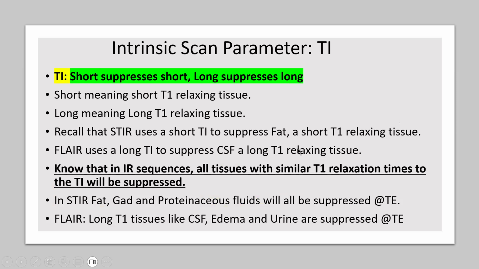So fat, gad, protein are short T1 relaxing tissues. IR sequences will suppress all tissues that have similar T1 relaxation times to the TI. So if we use a short TI, all three are going to get suppressed.